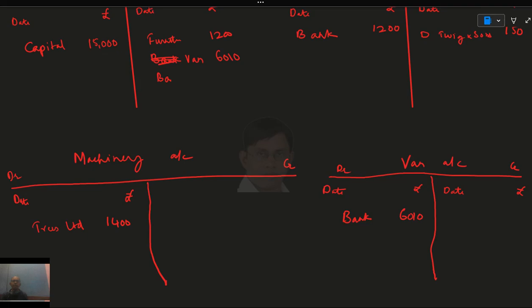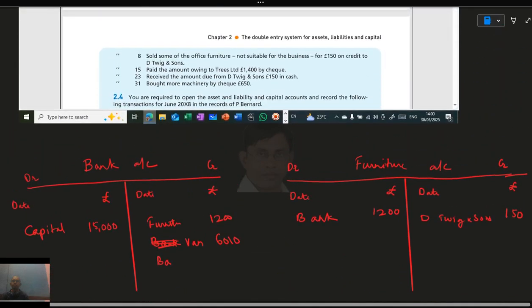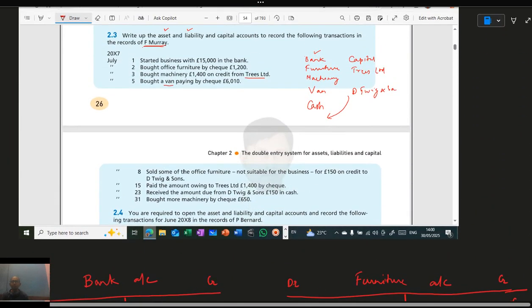So here again, what is happening? Paid the amount owing to Trees Limited by check.